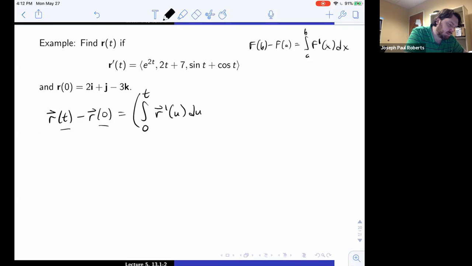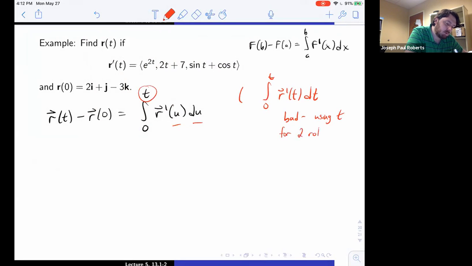And so if I'm using t in my bounds, I shouldn't use t as the integration variable. We don't have the ability to take off points if you don't do this, but the integral from 0 to t of r prime of t dt is bad since you're using t for two roles. It's the independent variable of the equation as well as the integration variable, and you want to avoid that.